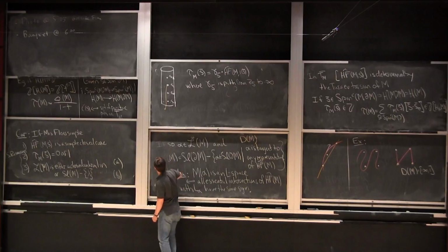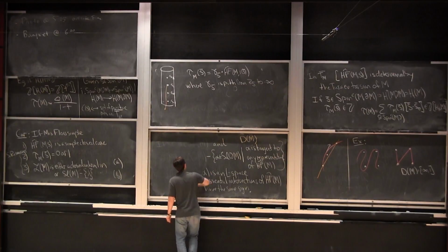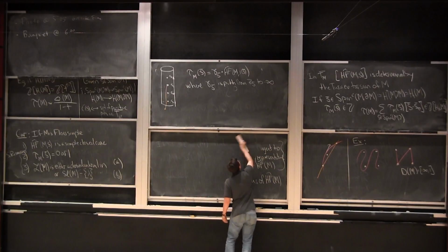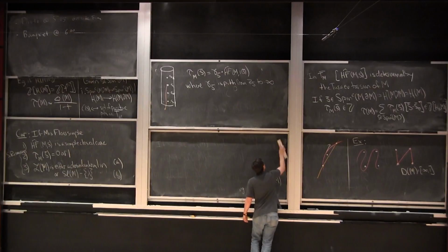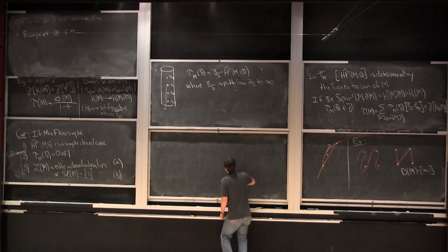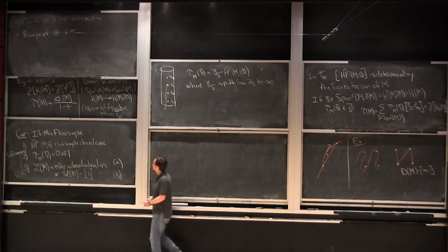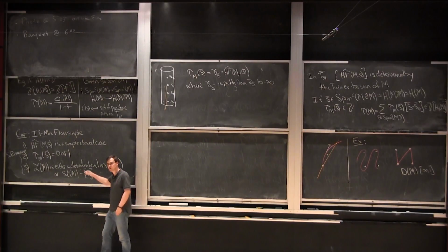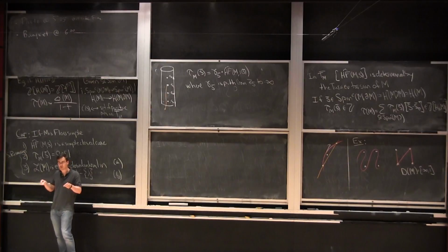All right, so now I think the thing that I really wanted to talk about here is what happens in option A. Here the L space interval is some closed interval.